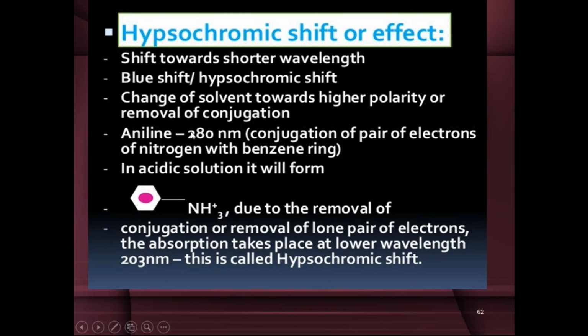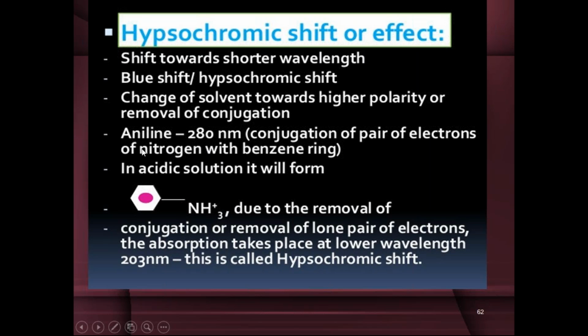Here, for the same n-pi star transition, we get a hypsochromic shift if the solvent polarity is increased. On decrease, you get a bathochromic shift. On increase, you get a hypsochromic shift. This is for the n-pi star transition. However, for the pi-pi star transition, you get a bathochromic shift with increase in polarity and a hypsochromic shift with decrease in polarity. Hope that is clear.